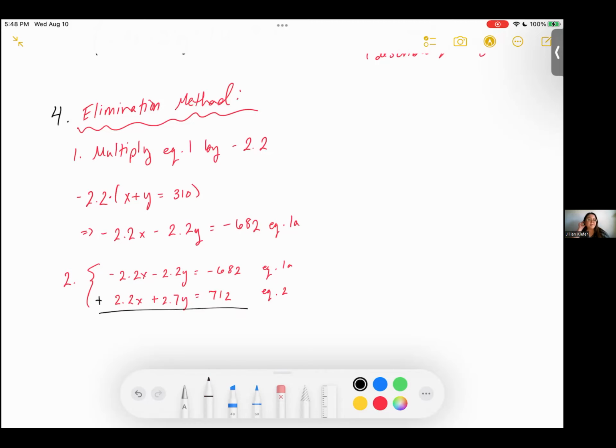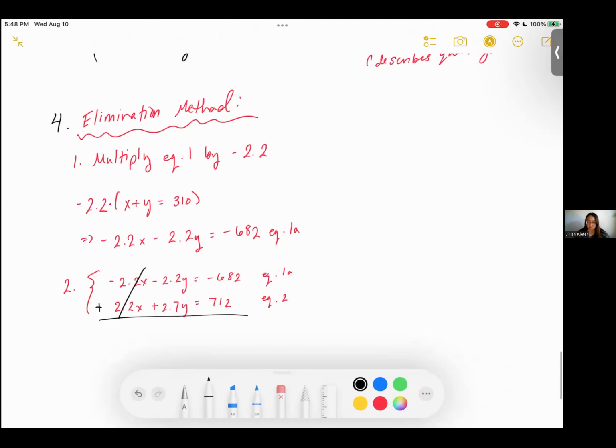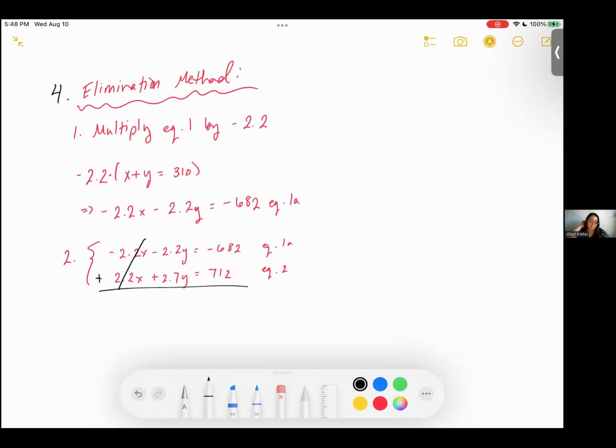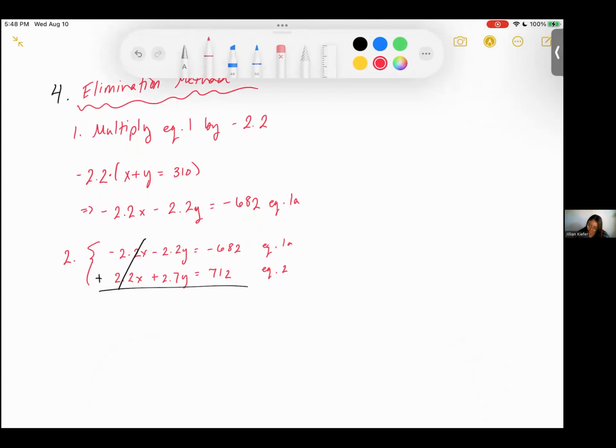We're going to go ahead and add them up. So those first values, the coefficients of x, cancel each other out because that was the point. Then we have negative 2.2y plus 2.7y. This gives us 0.5y is equal to, and negative 682 plus 712 equals 30.